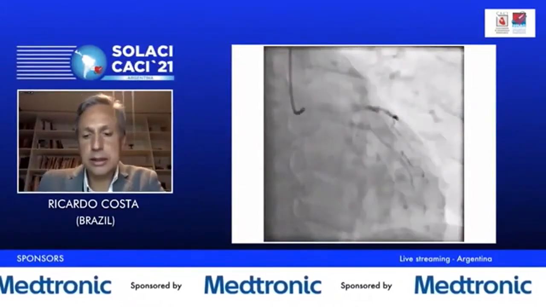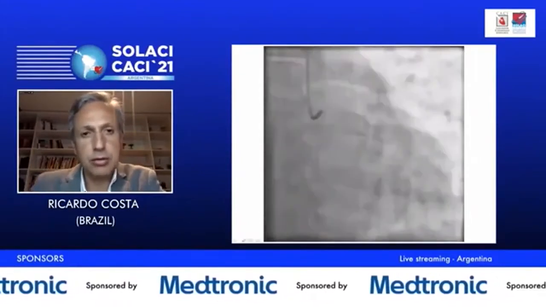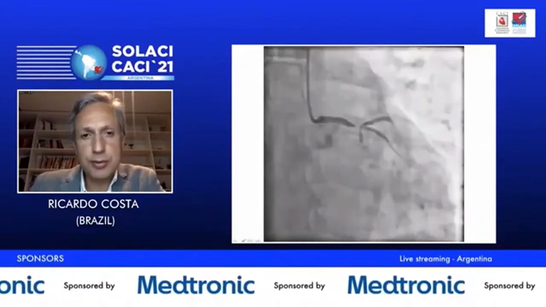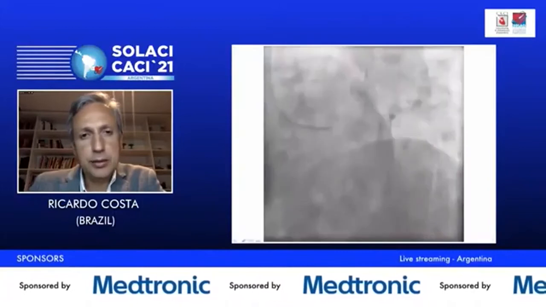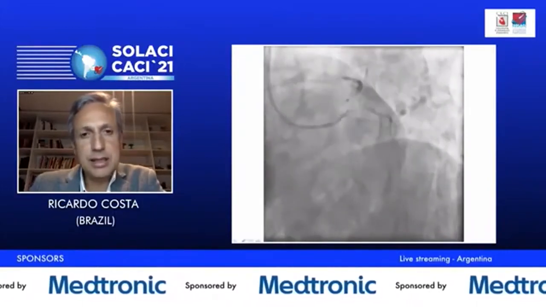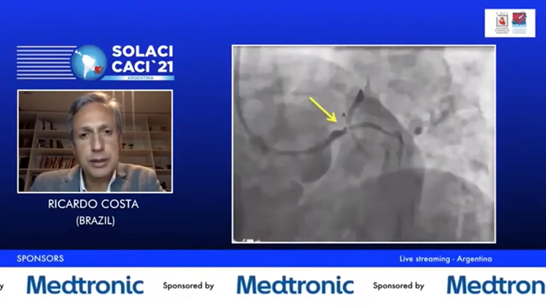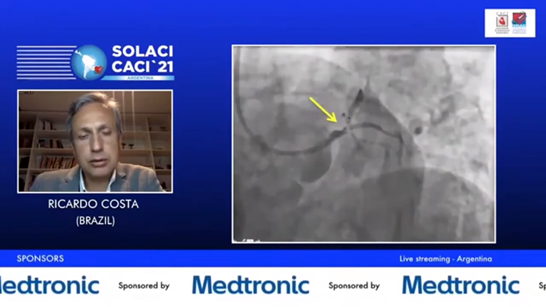This case is a STEMI that we saw some time ago, trifurcation over here. We can see the patient had a cardiogenic shock.